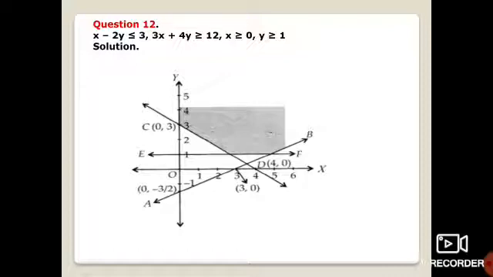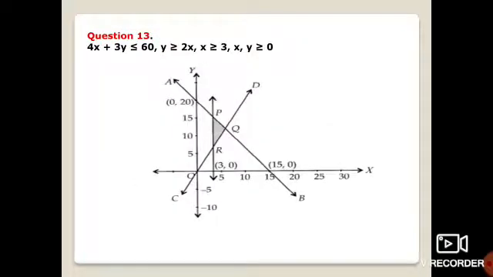Here is 0 greater than 1? The condition is false, so shade away from the origin. Here also, is 0 greater than 12? No, so that is away from the origin. Here also, is 0 less than or equal to 3? Yes. For all these lines you have to draw the graph, and the common shaded portion should be shaded.